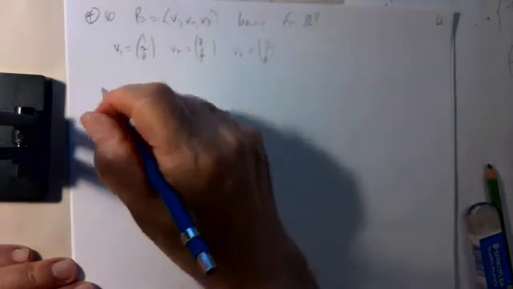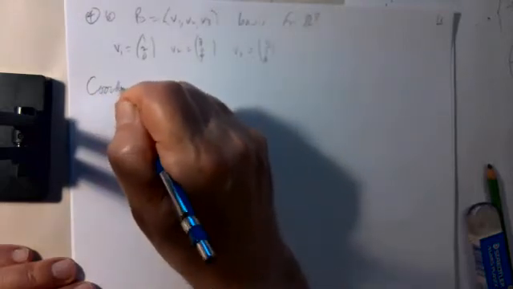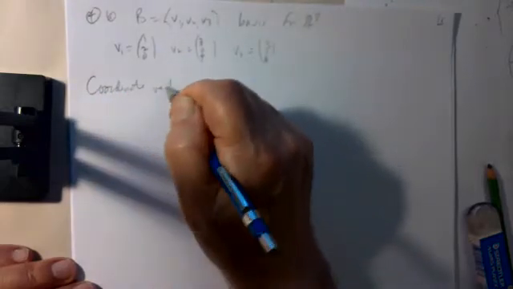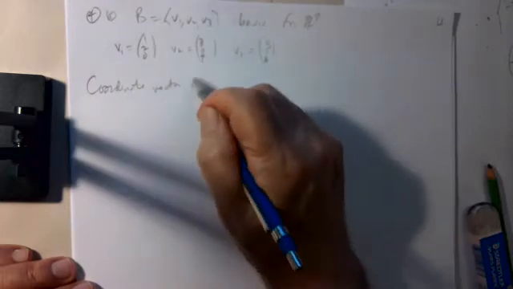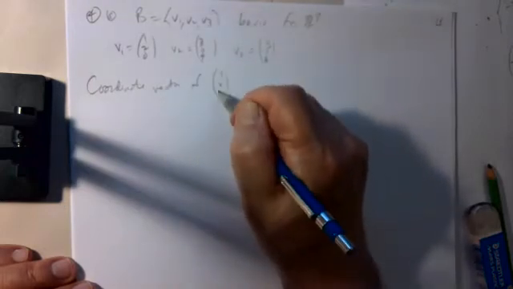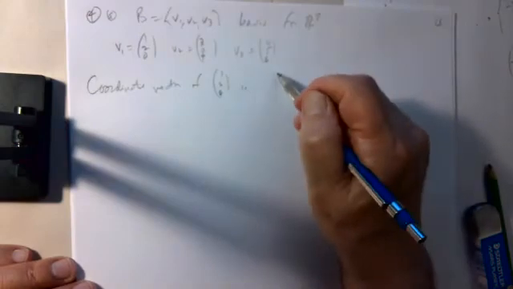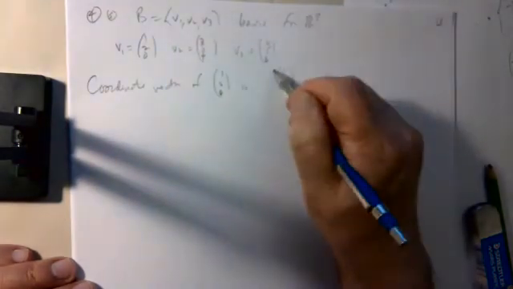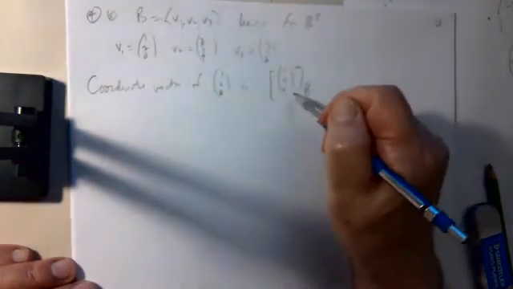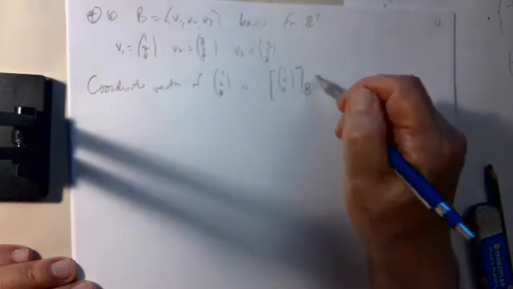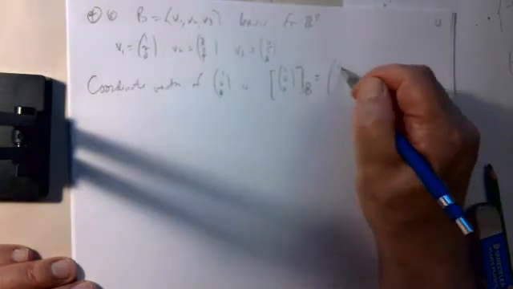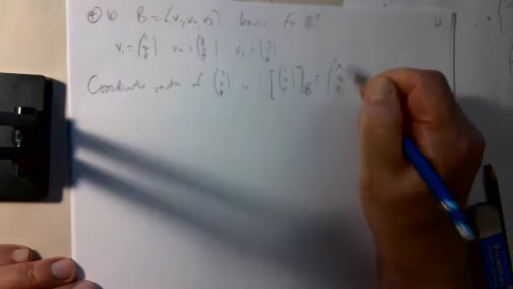So that means the coordinate vector of (1, 0, 0) with respect to this basis. So I write the vector and then I put in square brackets this, which means this is going to be the vector, let's say (x1, x2, x3).